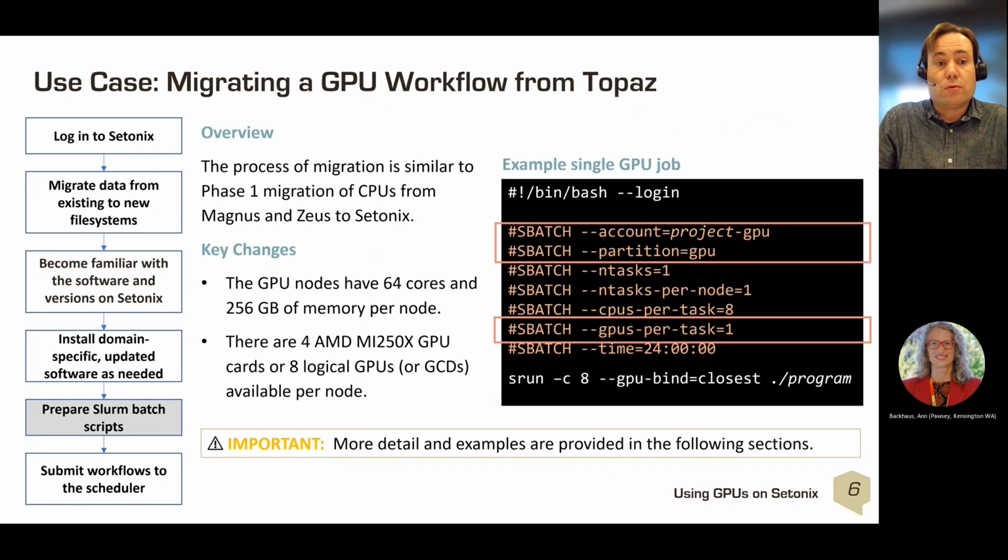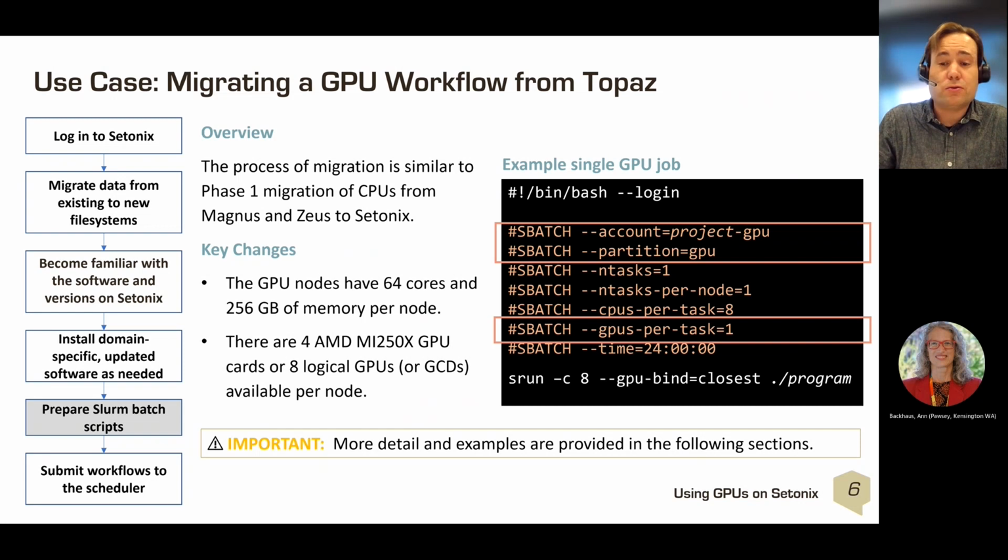For migrating a GPU workflow from Topaz, if you've been through this process from the first phase from Magnus and Zeus to Setonix, it's very similar. Some of the key changes that you'll see in this migration is that the GPU nodes now have 64 CPU cores and 256 gigabytes of memory per node, and there are 4 AMD MI250X GPU cards that will show up as 8 logical GPUs or GCDs available per node, which we'll be talking about in a lot more detail shortly.